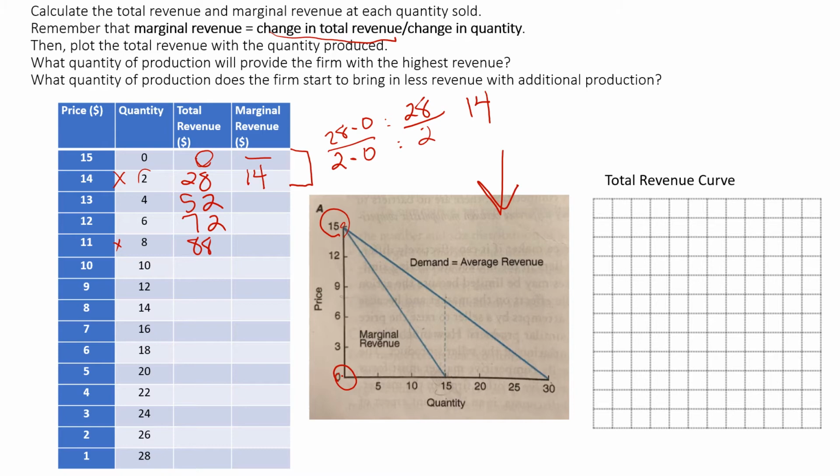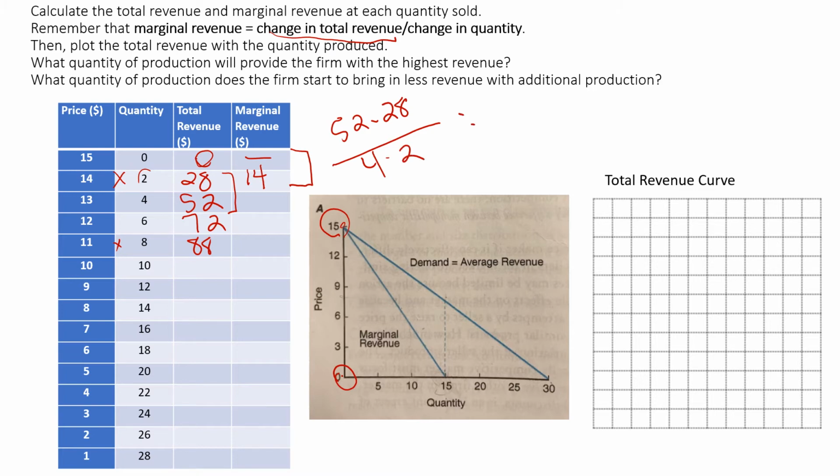As we continue to sell more coffee, let's see what some of these look like. So we want to calculate the next marginal revenue. We are going to do 52 minus 28 divided by 4 minus 2.